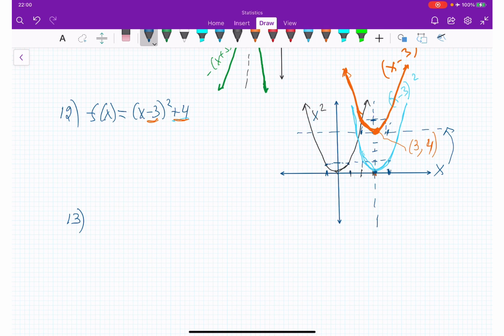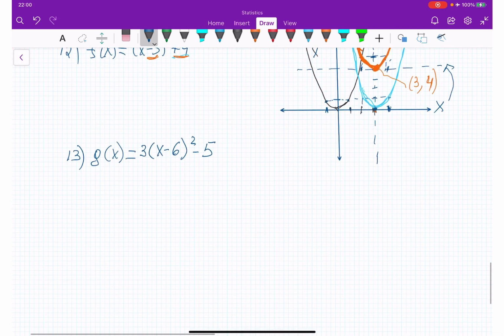Based on transformation, we need to build a graph g of x equals 3 times x minus 6 squared minus 5. So instead of x squared, I have here 3. So I have to build 3x squared first. Okay.